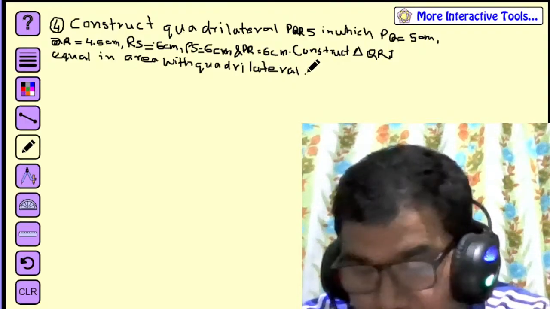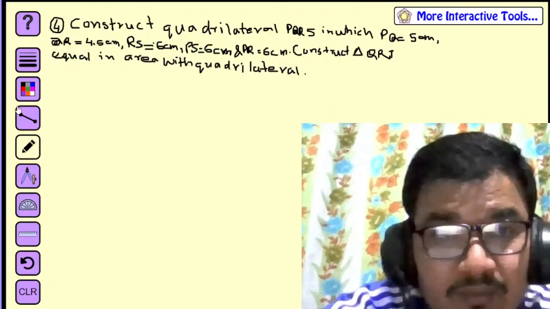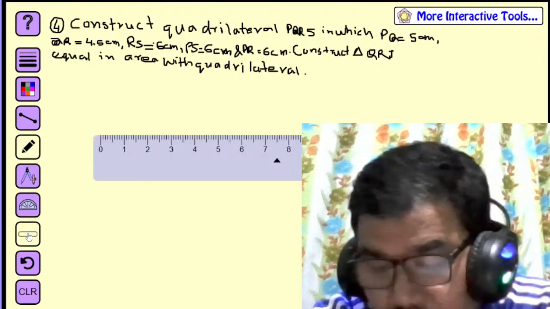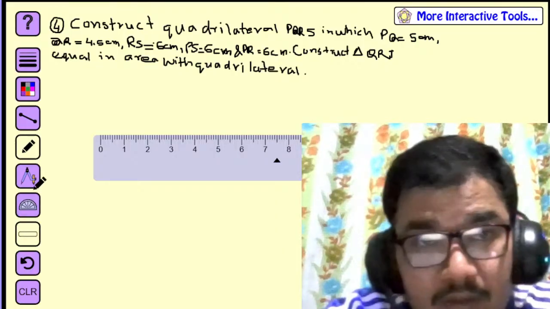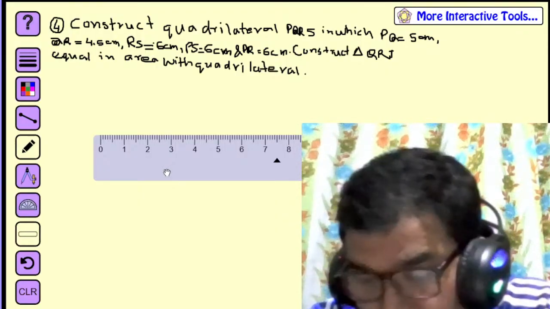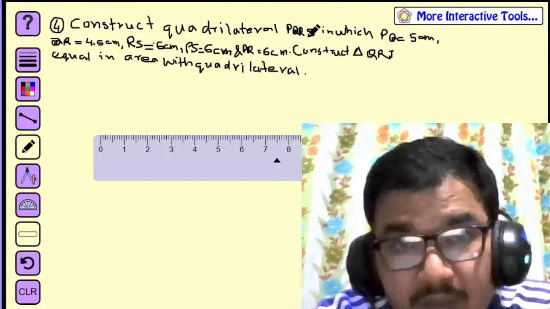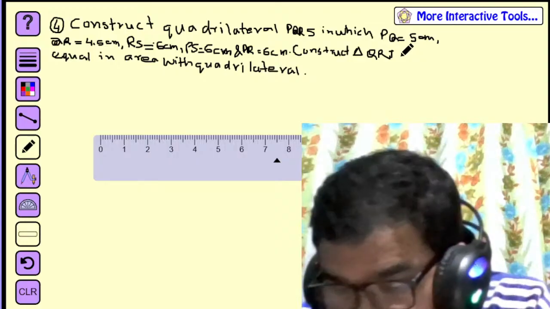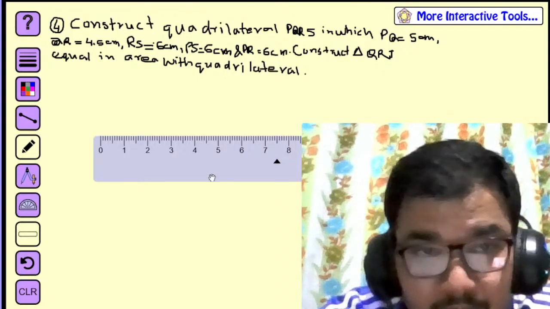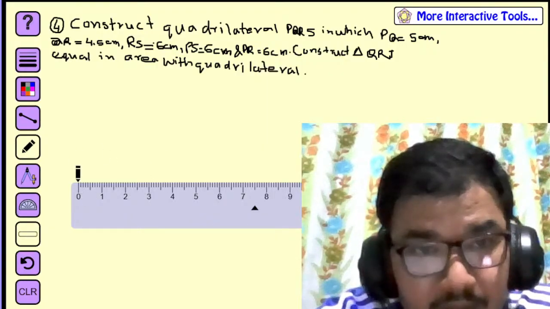And look here, first of all, what we do you see here? First of all, draw one quadrilateral, this quadrilateral PQRS, where PQ is 5 centimeter. Draw here RS first, RS 6 centimeter here.